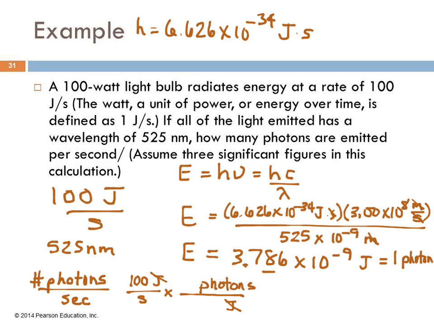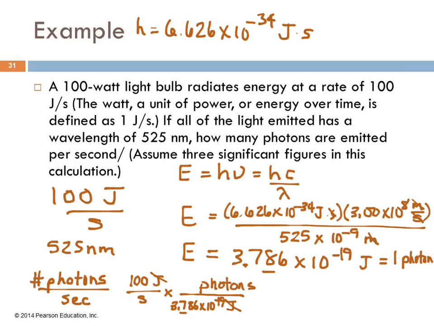How many joules is equal to 1 photon? Well, we just figured that out. 3.786 times 10 to the minus 19. Thank you. I was just copying down that 9 up there. Okay, thank you. Oh, good grief.